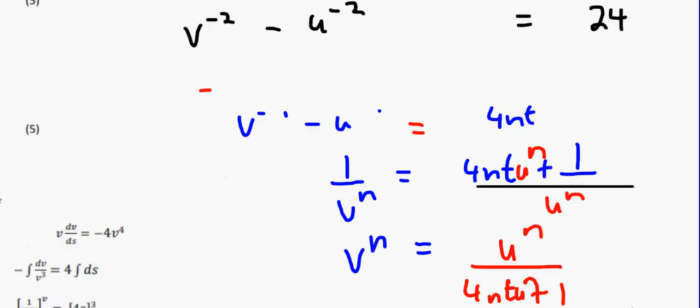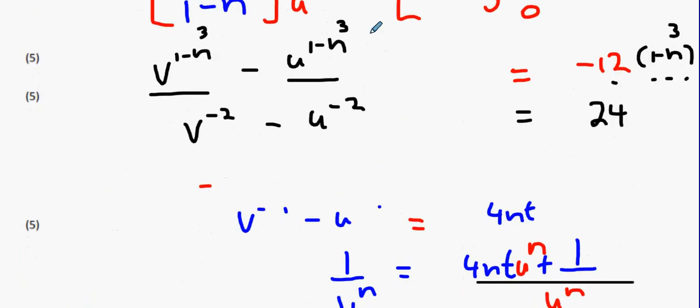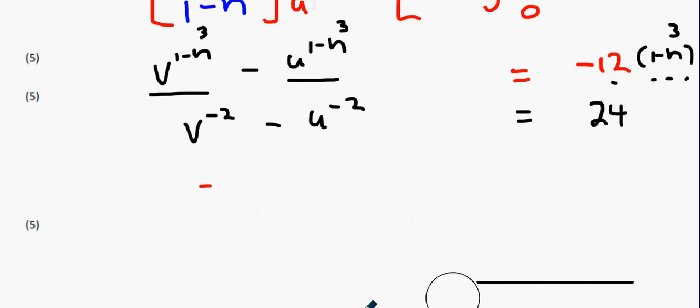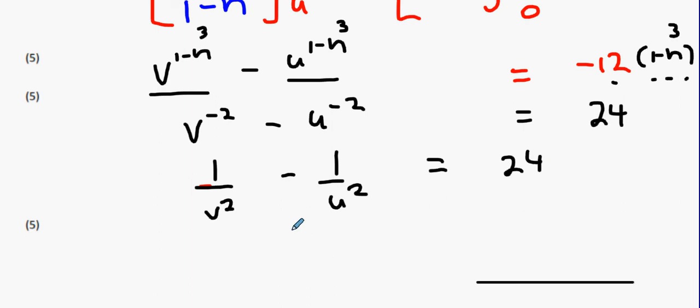Now, yeah, so isolate phi on its own, yeah? So to isolate phi on its own, what we'll do is we'll convert them both into fractions. 1 over v squared minus 1 over u squared equals 24. 1 over phi squared equals 24 minus 1 over u squared. Now, what do you think I'm going to do there?